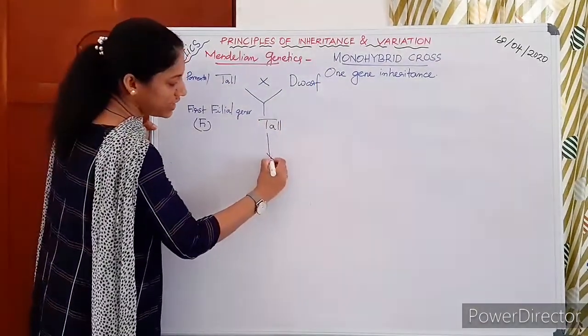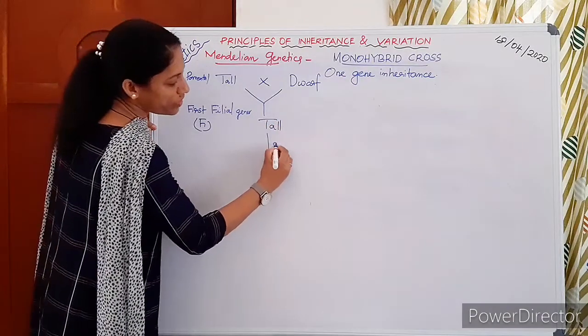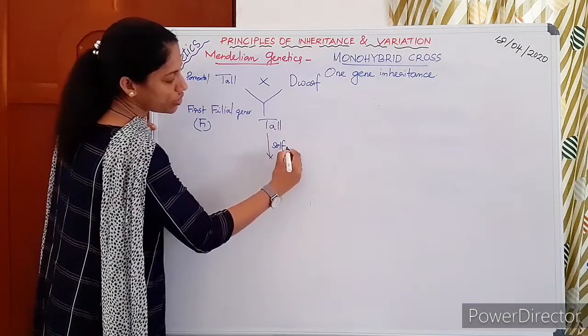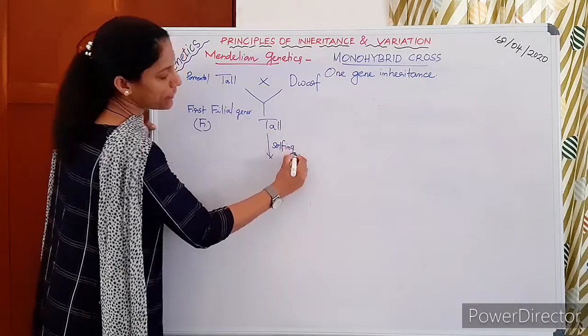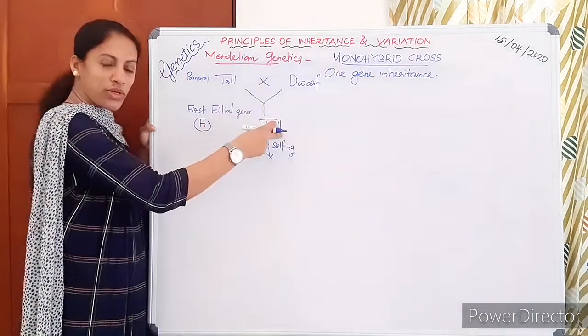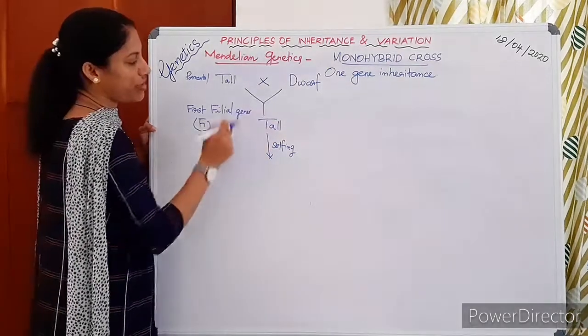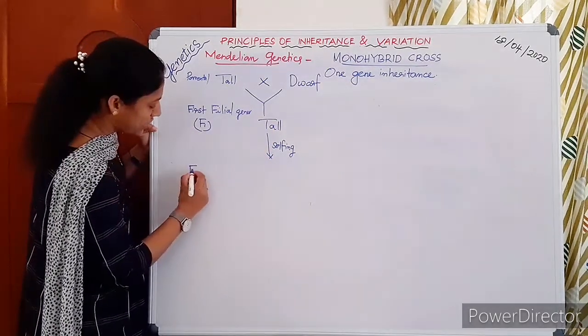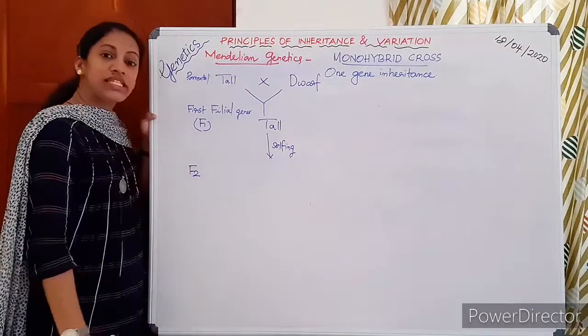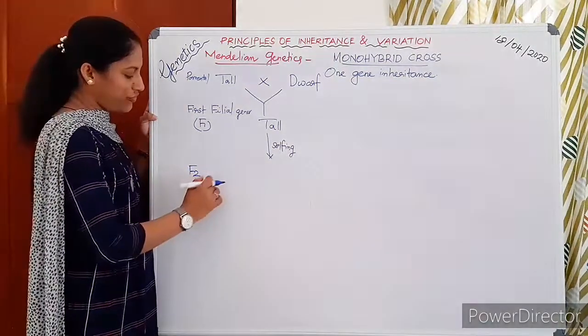Secondly, he self-pollinated the F1 tall plants, selfing. That means its own pollen grains are deposited on the stigma. Selfing was done in the F1 plants and he produced the second generation, named the second filial generation, F2.